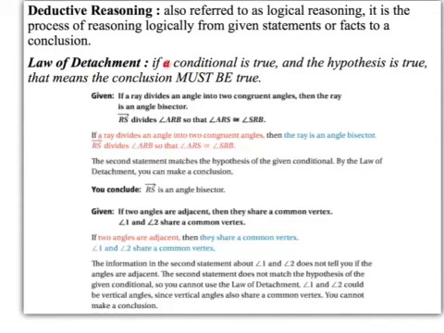If a conditional is true and the hypothesis is true, that means that the conclusion must be true. So if the conditional is true, and there's the hypothesis in the beginning, the conclusion at the end, if the beginning is true, then the end must be true as well, which we know because when we had something true imply something true, that gave you an overall true.